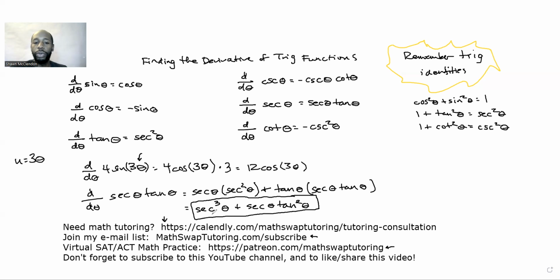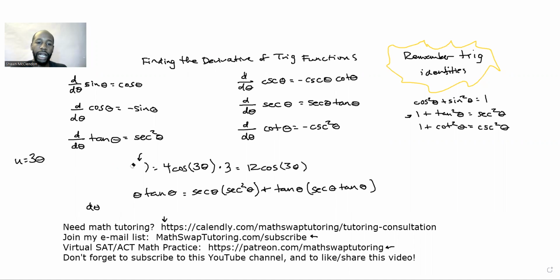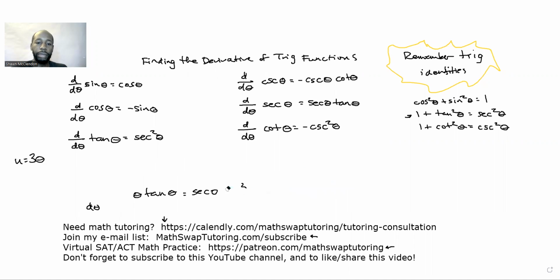Now, what you could do is factor out a secant from each of these, which would leave you with secant squared plus tangent squared, but that does not match up with this identity here. Technically you could say secant squared minus tangent squared is equal to 1, but we have secant squared plus tangent squared, so the identity doesn't help us. All right, one more example, and then I'll let you guys go. Just remember, when you have a constant in front of the function like that, the constant just stays there.